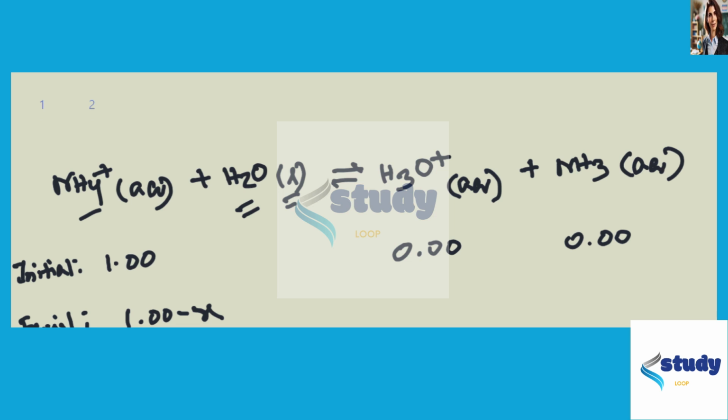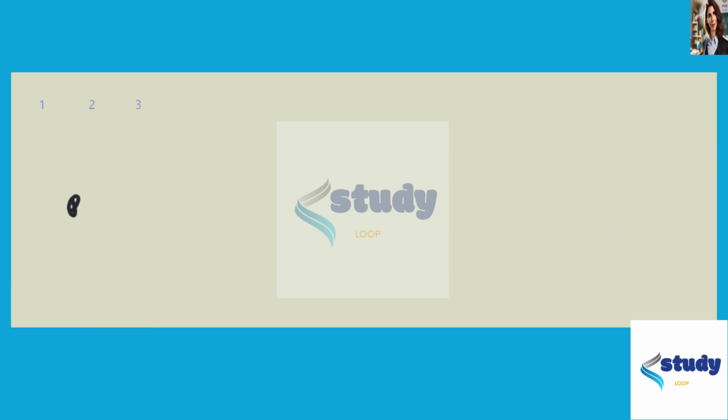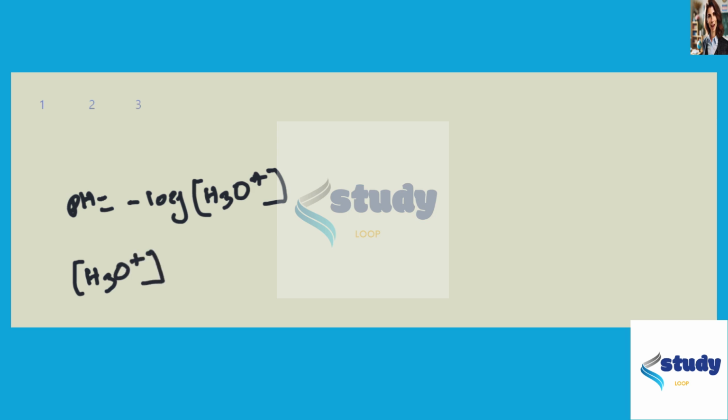So what will be the H3O+ concentration? In the resulting solution we have the pH as 9. pH is basically the negative log of the H+ or H3O+ concentration. That means the H3O+ concentration is basically 10 to the power minus pH, and pH here is 9, so it is 10 to the power minus 9, or 1 times 10 to the power minus 9.